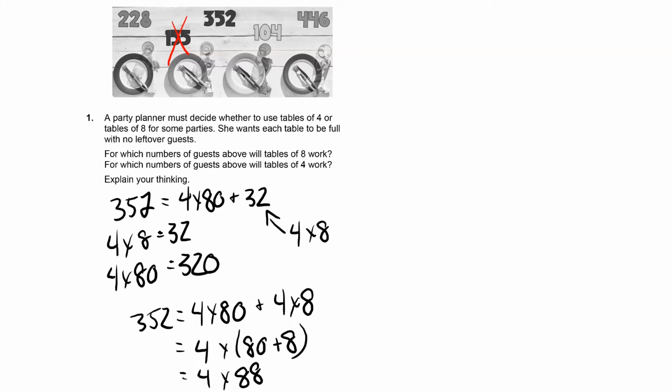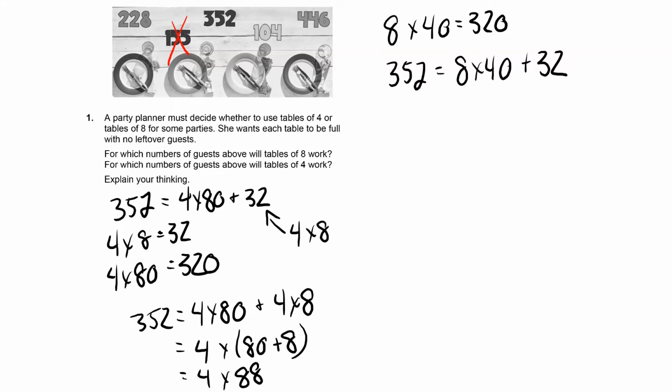Now, how about 8? Well, I learned something from looking at this 4 times 80. That also tells me that 8 times 40 will also be 320. If I'm trying to get to 352, then I can have 8 times 40 plus the remaining 32.